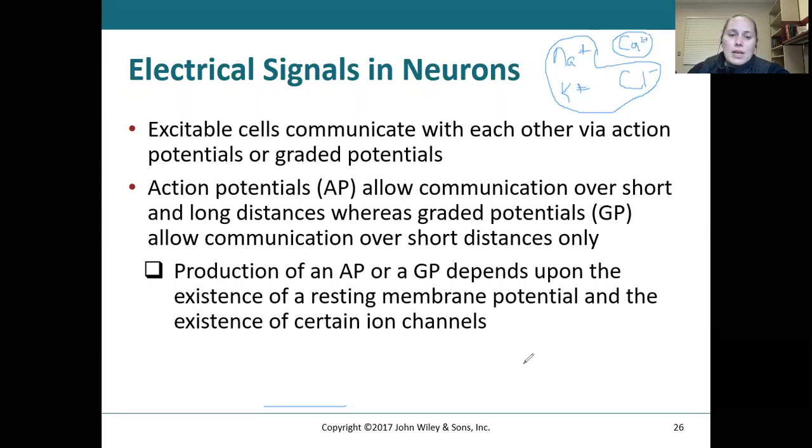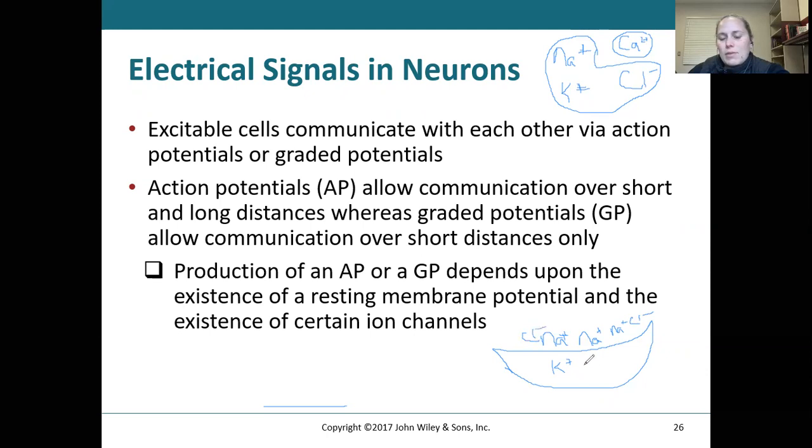When we talk about a nerve cell, I often like to think of the nerve cell as a salty banana, and we'll talk about this more when we're talking about the electrical changes that happen in neurons. But I call it a salty banana because there's a lot of sodium and a lot of chloride outside the cell.